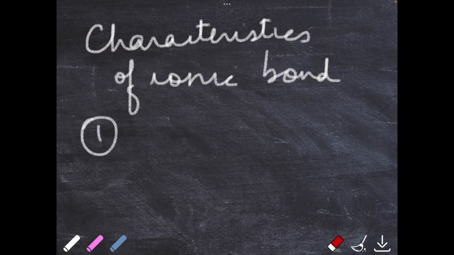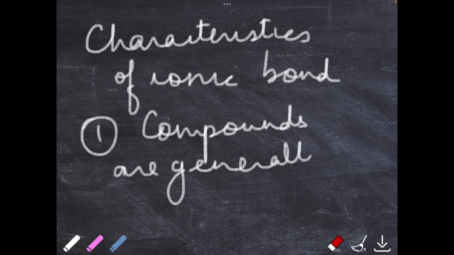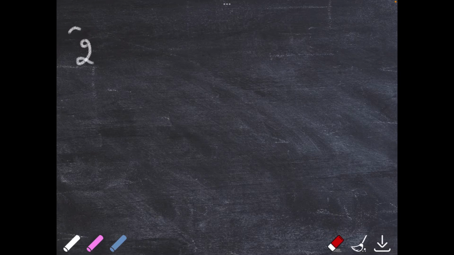Number 1, compounds are generally solid. That is, the ionic compounds are generally solid. Secondly, high melting and boiling point.